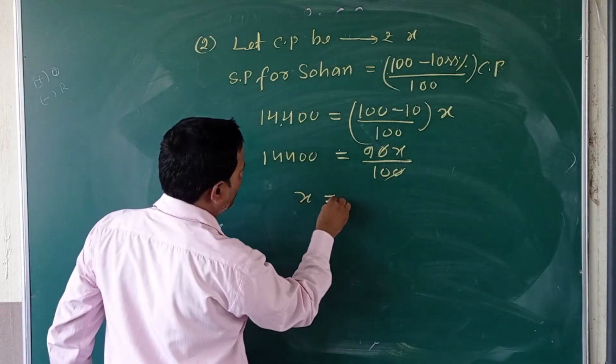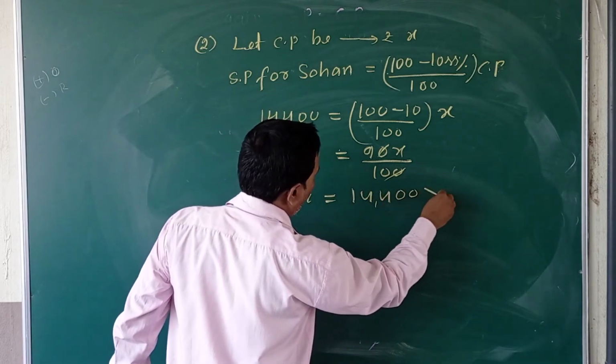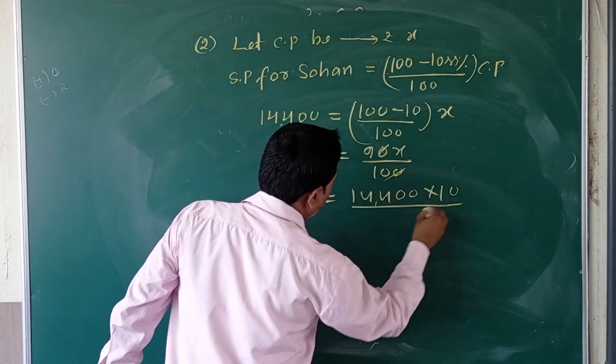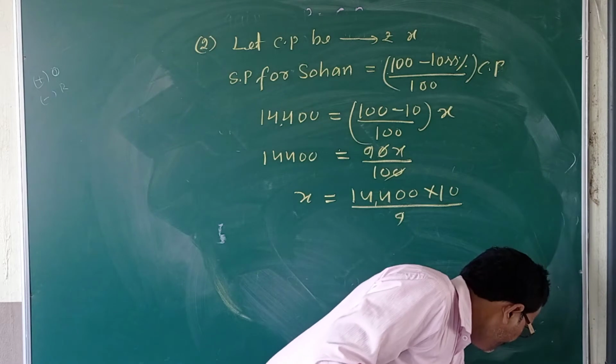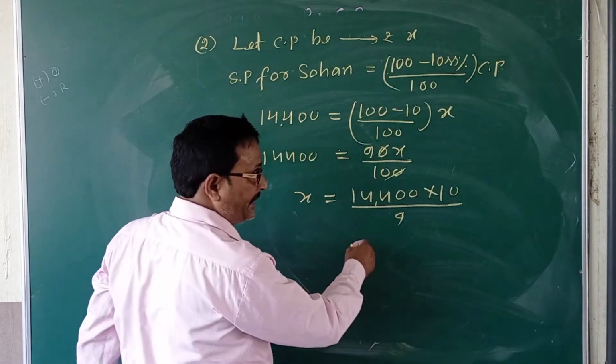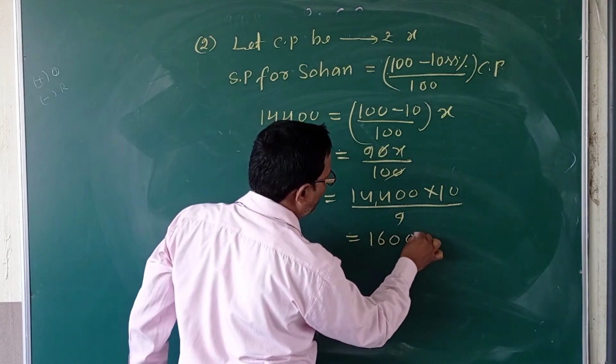X is equal to 14,400 into 10 divided by 9. It will come to 16,000 rupees.